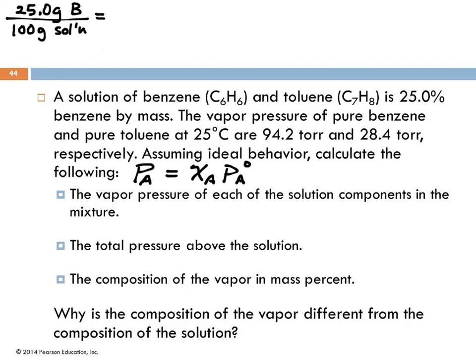Well, in 100 grams of solution, 25 grams is B, right? How many grams are T then? The rest of it, 75. Everybody okay with that?